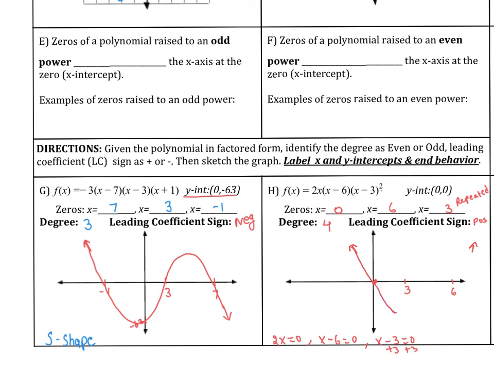From here, it's going to go back because 3 is a repeating root. And it crosses the 6, and we got the W-shaped graph for the fourth degree equation, which is written in factor form like 2x times x minus 6 times x minus 3. This repeated root guided me that this is going to touch the graph here and go back.